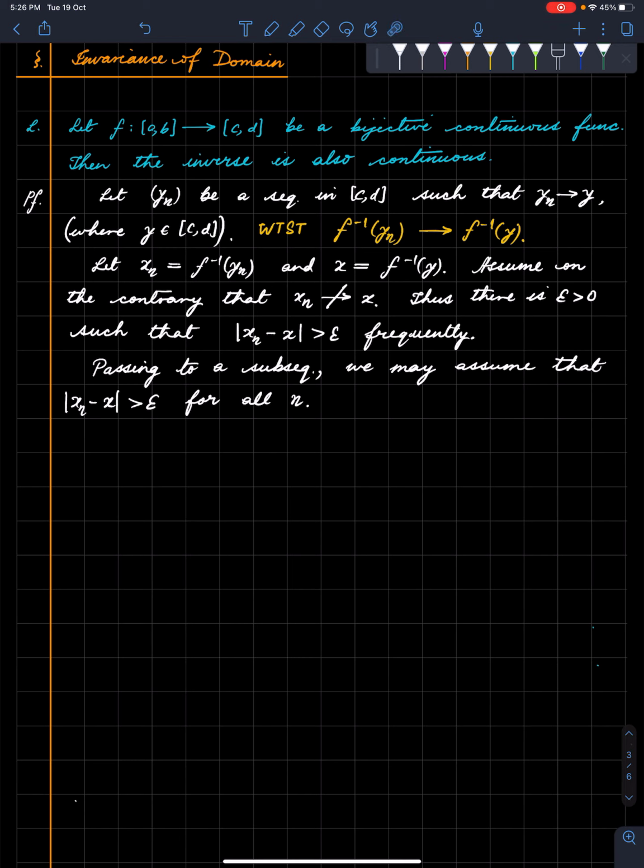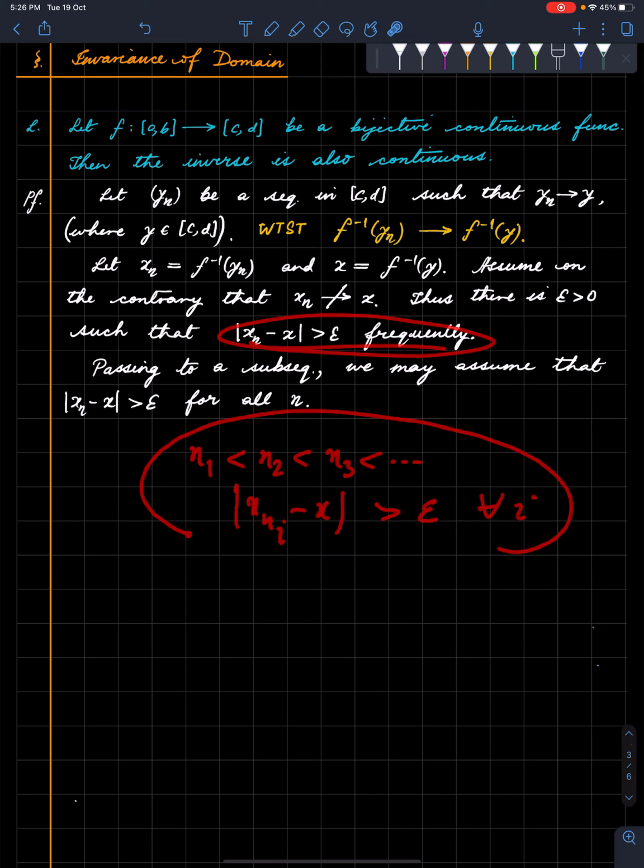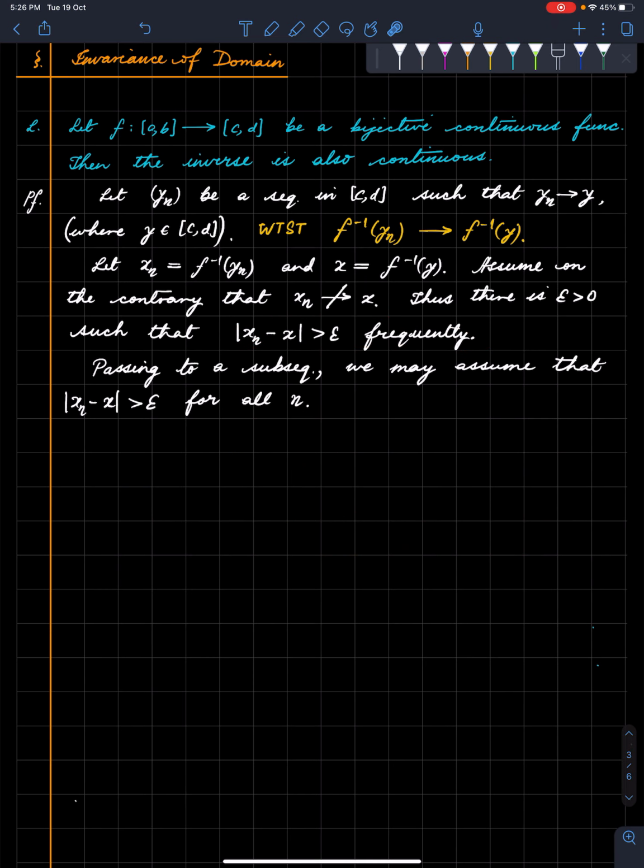So what have I done? As we saw, this means that there are points n1, n2, n3 and so on, such that the absolute value of x n_i minus x is greater than epsilon for all i. So all I'm saying is that instead of using this sequence yn, just use this sequence yn1, yn2, yn3.